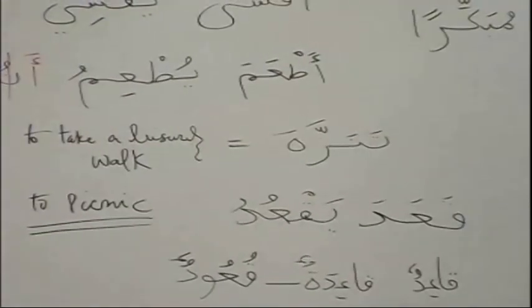Fil hadith, brothers and sisters: kharaja Rasulullah sallallahu alayhi wa sallam. Rasul sallallahu alayhi wa sallam came out. Fa'idha. What is this idha? Idha fuja'iyya, all of a sudden, or surprisingly, niswatun. What is niswatun? Mubtada.